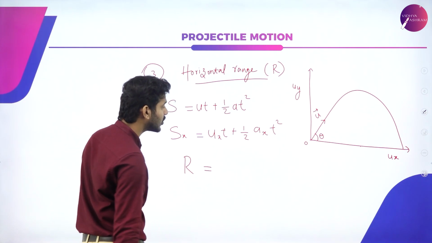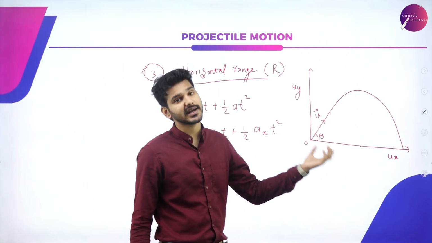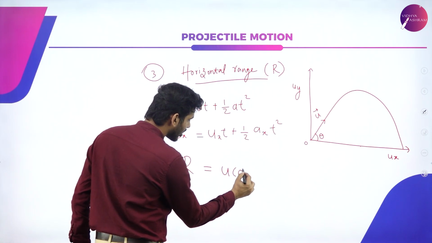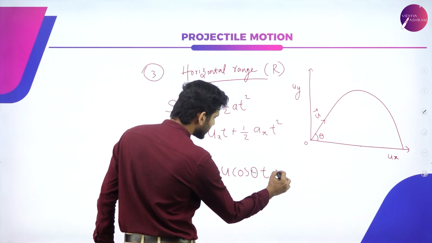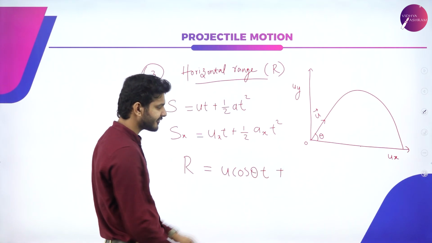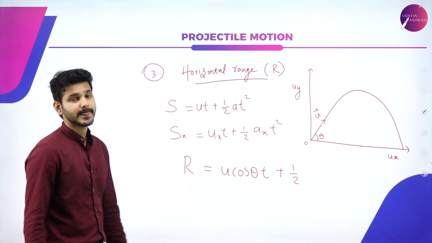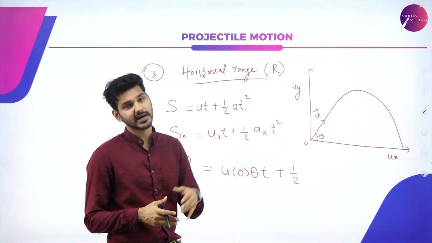Now we have to know what ux into t is. Just like uy was u sine theta, ux will automatically be u cos theta into t, plus half into ax. Ax is nothing but the acceleration provided in the x direction.